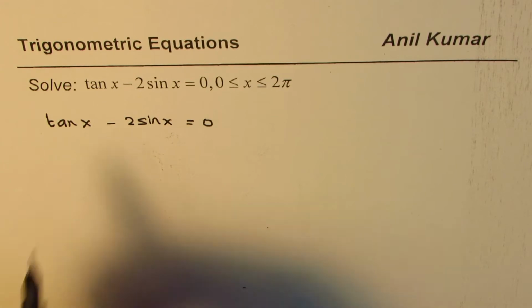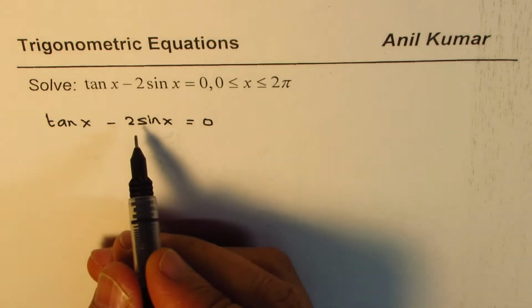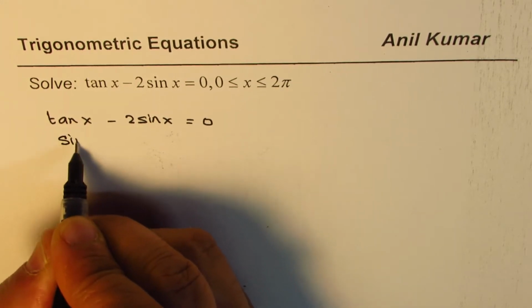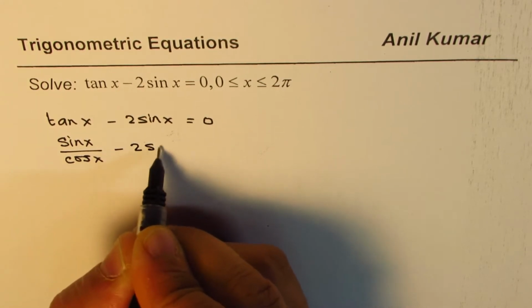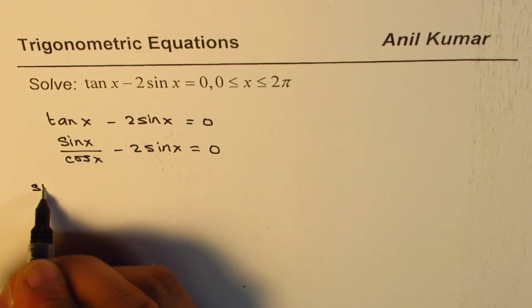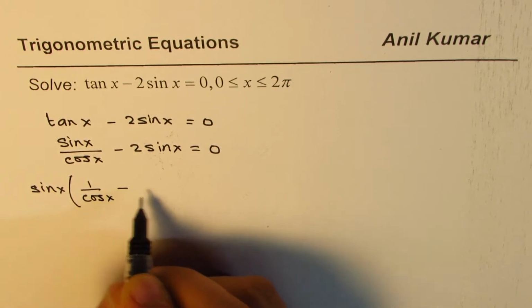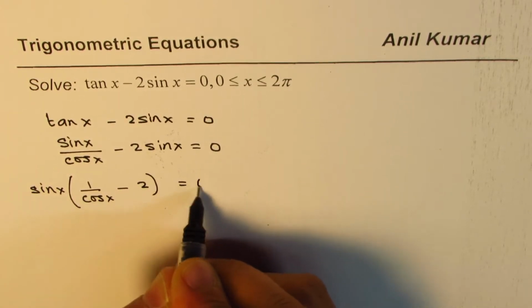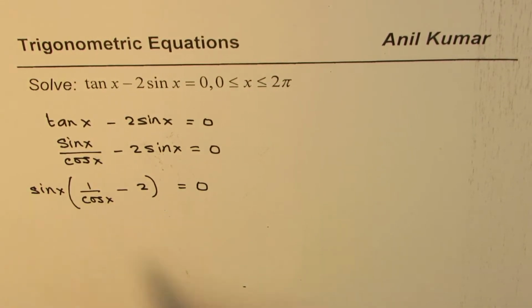How to solve it? Well, we can write tan x as sine over cos, and minus 2 sin x equal to 0. We can take sin x common, and in that case we get 1 over cos x minus 2 equal to 0, and that gives us two factors, and therefore the solution could be the sum of these two solutions.